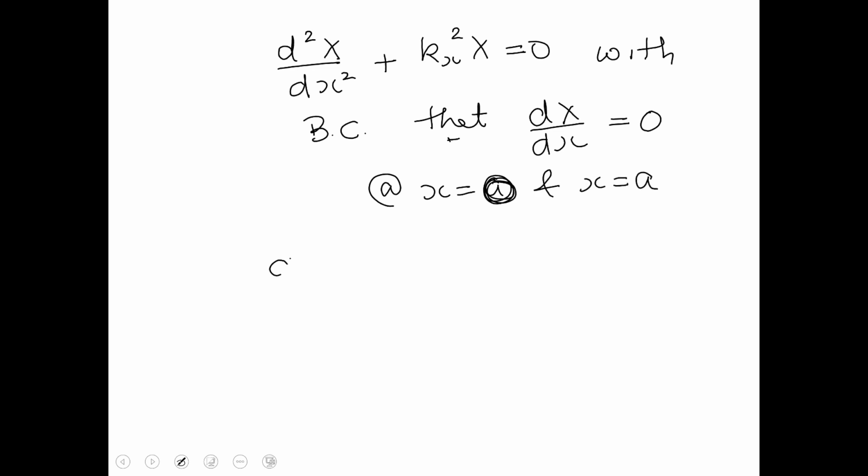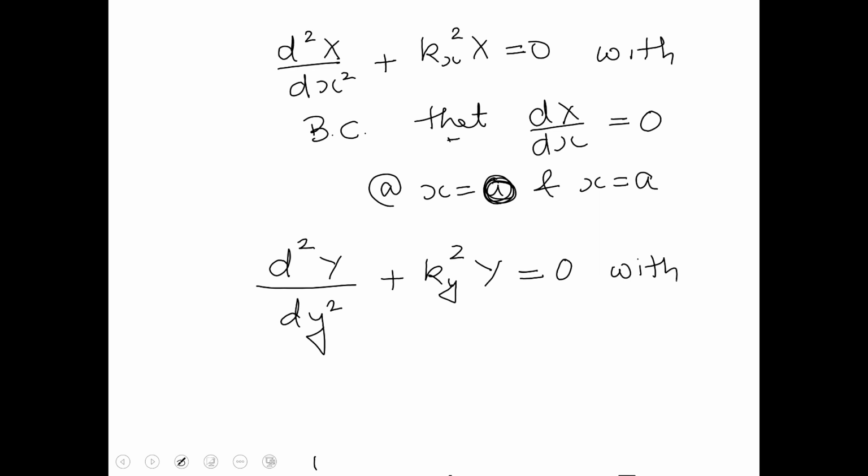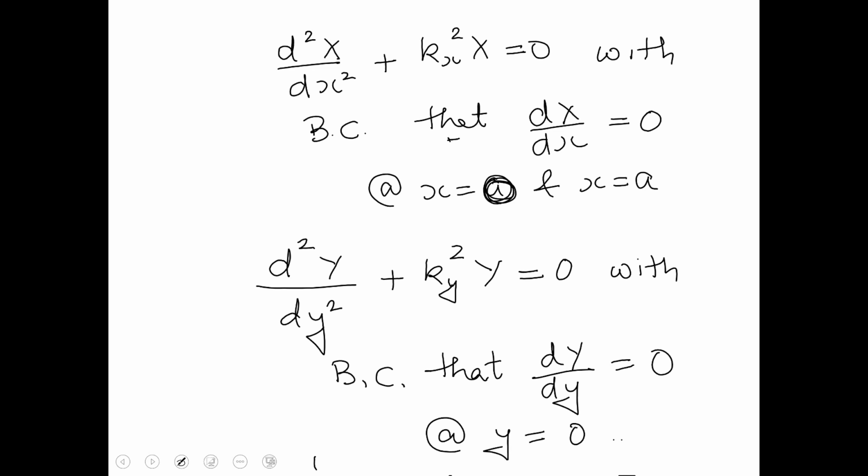And similarly, we have the other equation, using the separation of variables, d square Y by dy square plus ky square Y is equal to 0, with the boundary condition that dY by dy is 0 at y is equal to 0 and b.